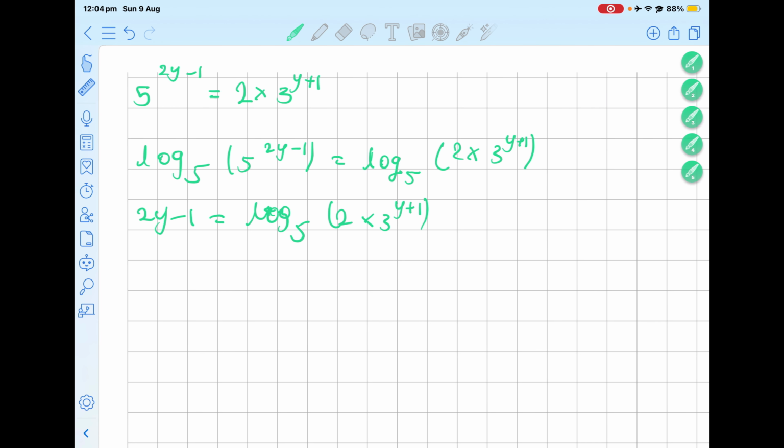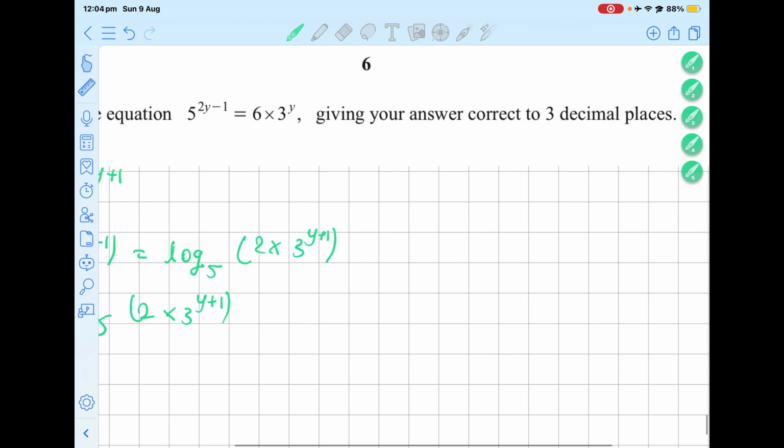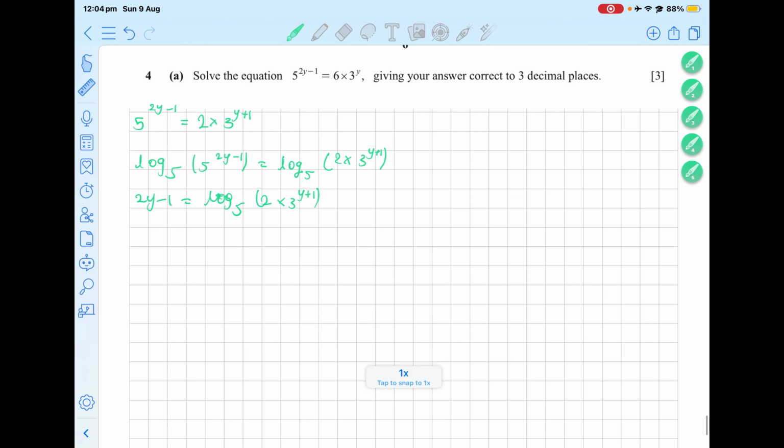Since it has to be answered to 3 decimal places, if you take a closer look at this, 2 into 3y plus 1, so this is 5 2y is equal to 10 into 3y, and then this is 5 2y is equal to 30 into 3 raised to y.